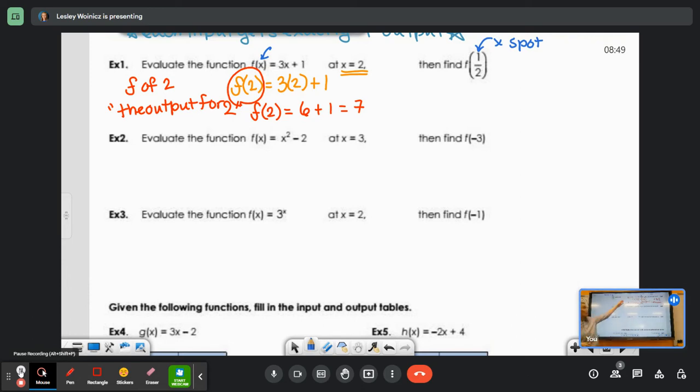They can either straight up tell you x is 2, or they ask you to find f of 1/2, meaning the x is now 1/2. So we just find the output for 1/2. f of 1/2 equals 3 times 1/2 plus 1.